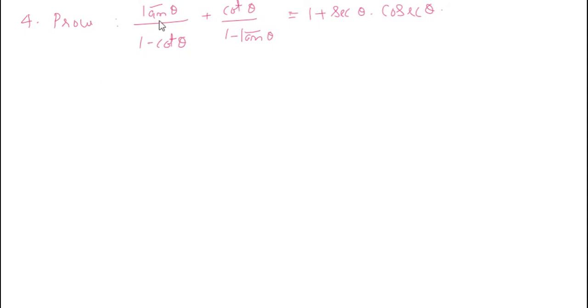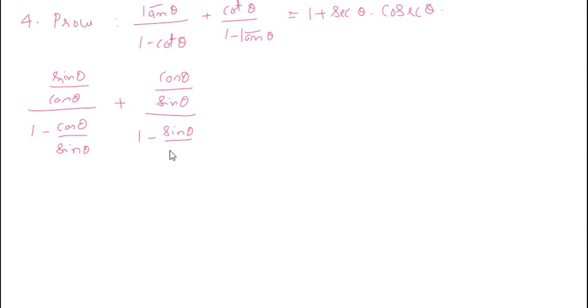So tan theta is sine theta by cos theta divided by 1 minus cot theta, that is 1 minus cos theta divided by sine theta, plus cot theta is cos theta divided by sine theta divided by 1 minus tan theta is sine theta by cos theta.